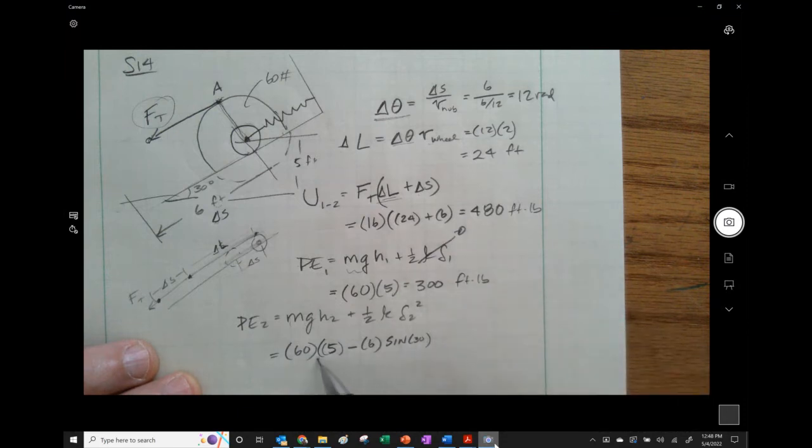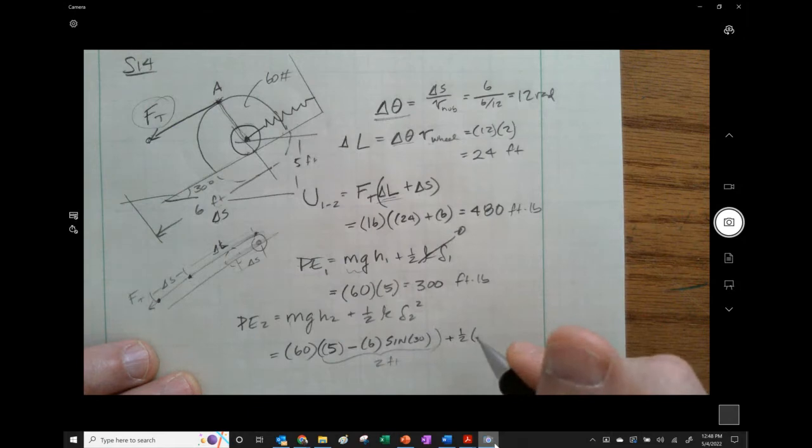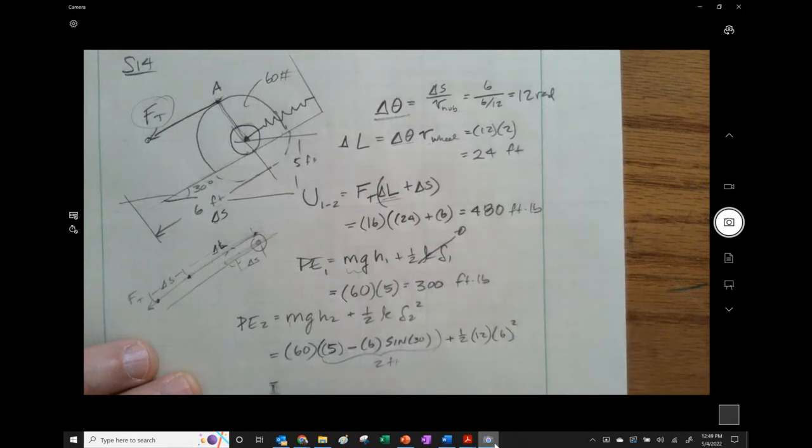Yeah, so this ends up being 2 feet, by the way, if you wanted to check. And then plus 1/2, and the spring constant is 12, and the distance was 6 feet that it moved. So the answer here is 300 and, whoop, did I do that wrong? No, 336 foot-pounds.